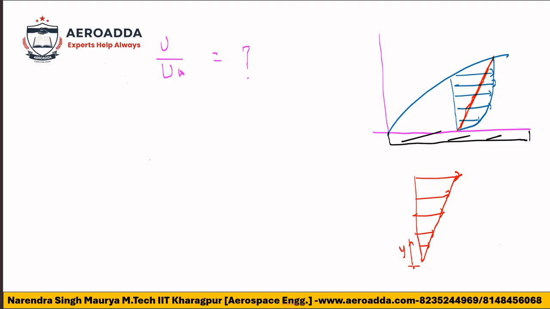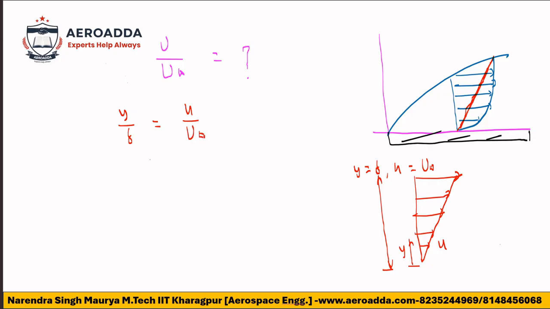So at y, velocity is u, and at y equal to delta, the velocity is nothing but u infinity, the 99% value. So if you write the profile, y by delta is nothing but u by u infinity.